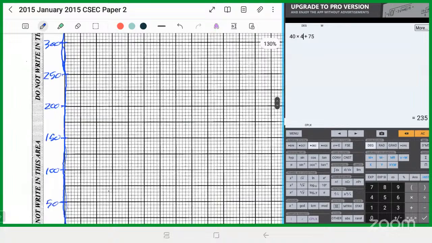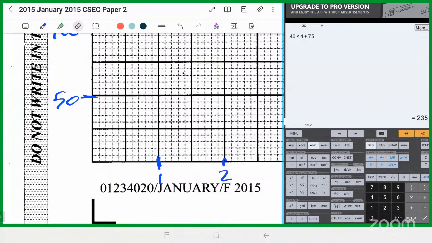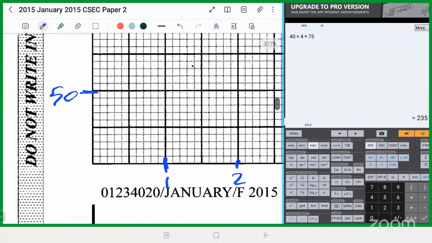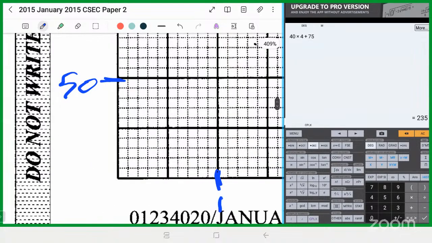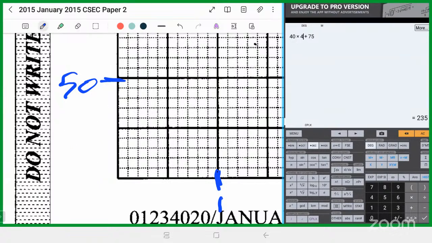So if you look at the scale now, look at this line. There are 10 lines between 0 and 50, so it's 50 divided by 10 lines, which tells you what each line is. Each line is 5: 5, 10, 15, 20, 25, 30, 35, 40, 45, 50.